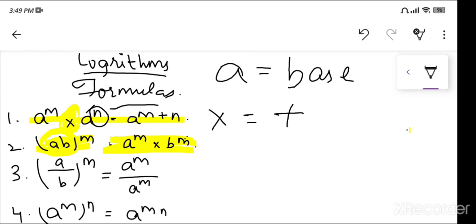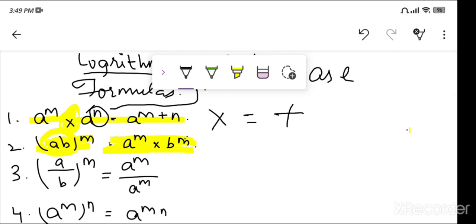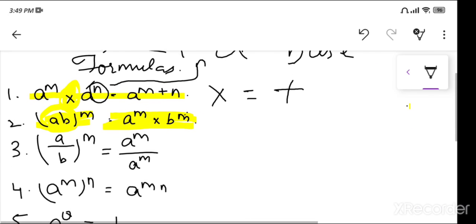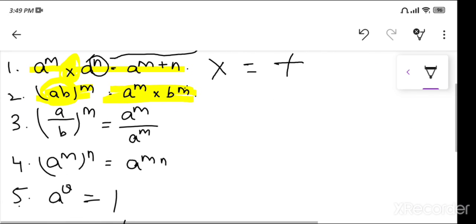The bases are the same here, and the power m is common for both of them. So you can take it as a power m into b power m.